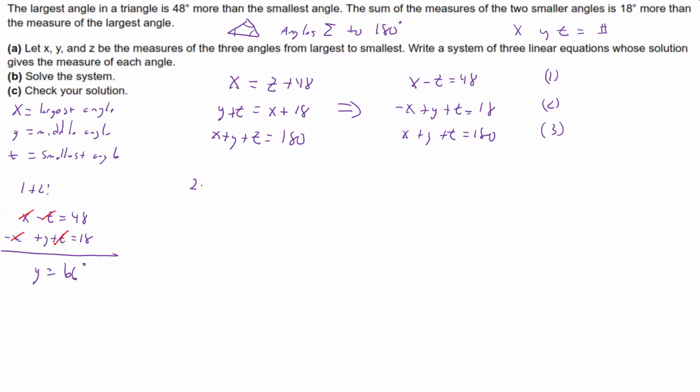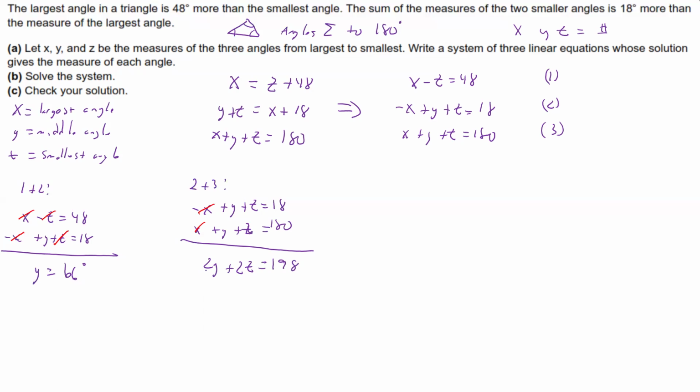Now let's go ahead and do 2 plus 3 because we have to work all the equations. So we have a minus X plus Y plus Z equals 18. We have X plus Y plus Z equals 180. So now when we add those together, again, my X's cancel. Nothing else cancels, so we're done there. So now we have 2Y plus 2Z equals, and when we add those together we get 198.